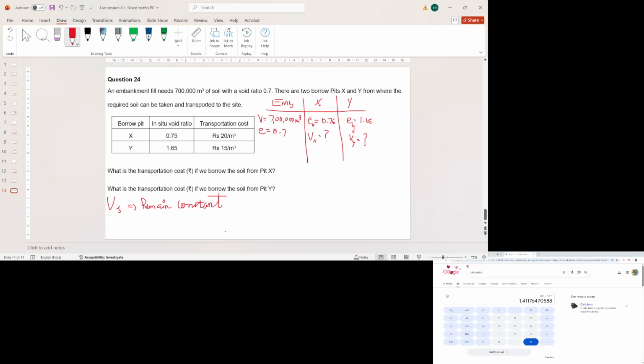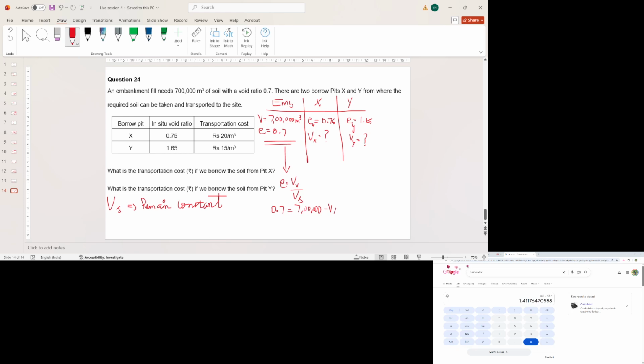Now, how to compute Vs? We have to compute Vs. From the embankment, we have e is equal to Vv by Vs. From the embankment, we have 0.7 as voids ratio, and we know the total volume, which is 7 lakhs.